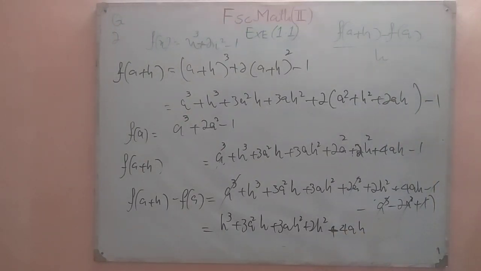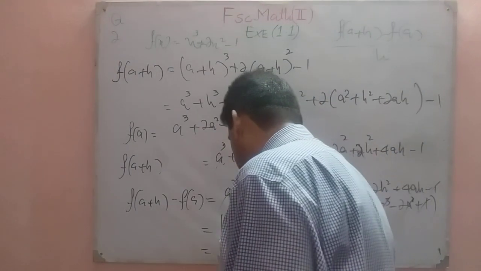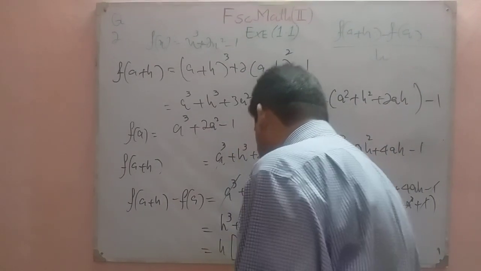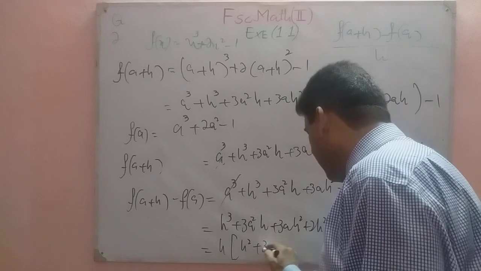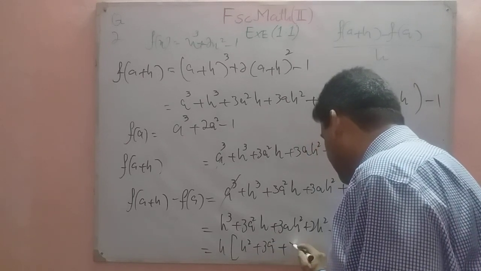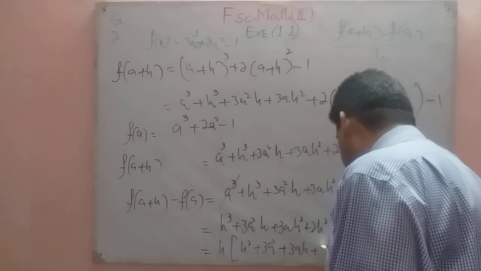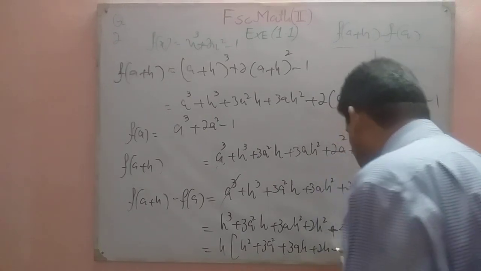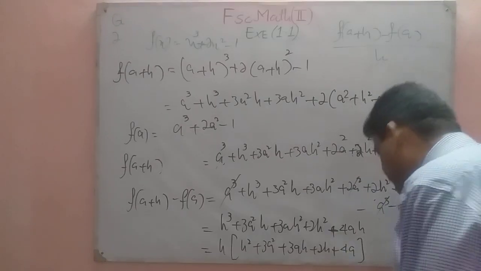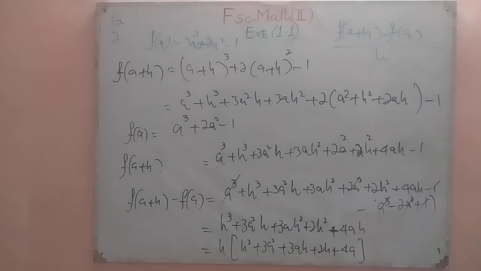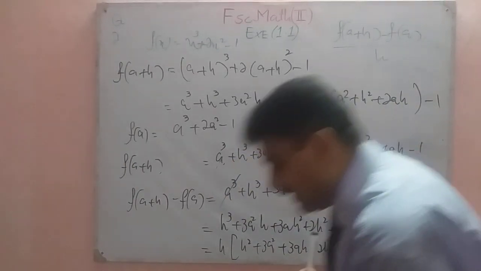By taking h common, we will get h times h square plus 3a square plus 3ah plus 2h plus 4a. Now we divide by h on both sides.